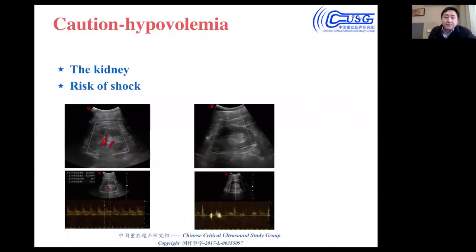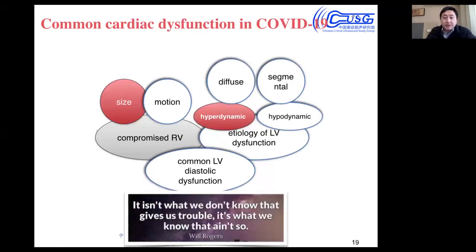But we should be cautious that if we do a negative fluid balance, the patient is at risk of shock, and we should keep enough volume to make the kidney and other organs get enough flow. That should be emphasized.